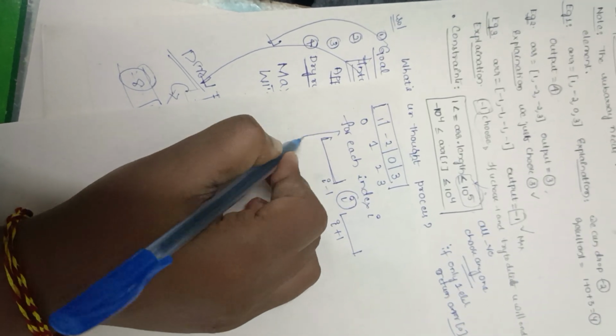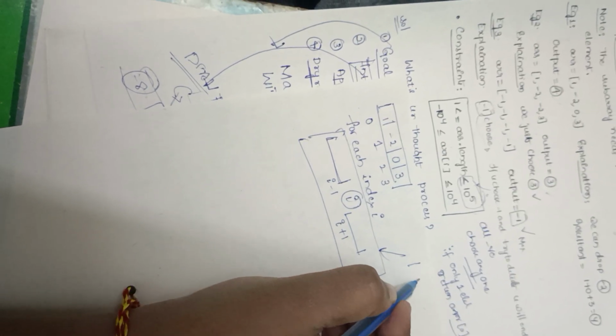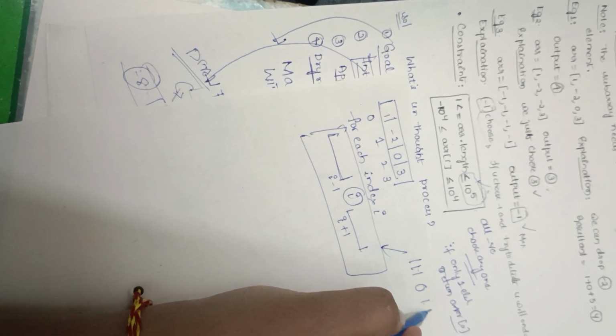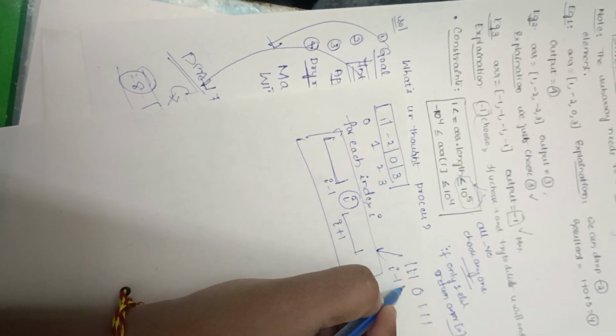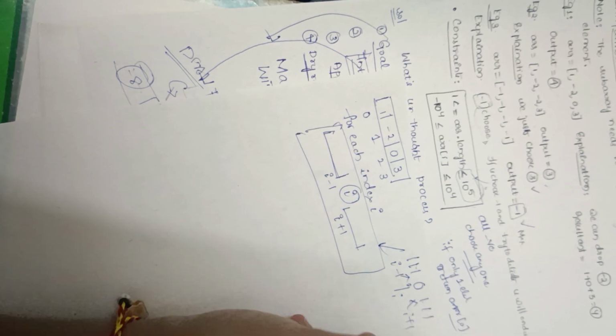Got it? If you could relate with yesterday's question, we have ones 0 1 1 1, till I-1 we have 1. This is the I and this is the I+1, right?